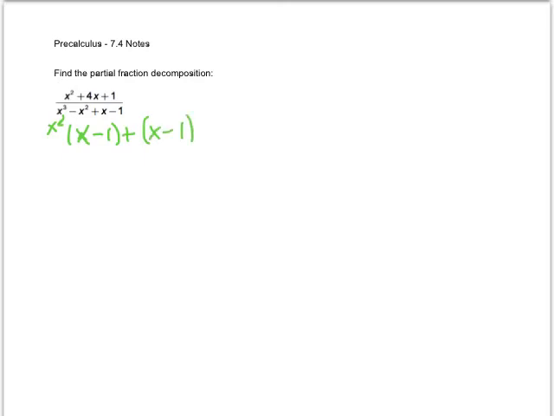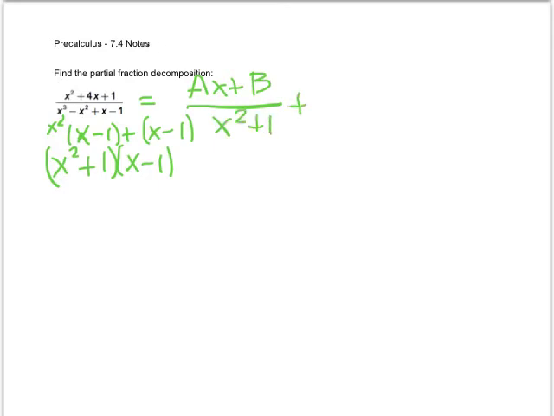And that also factors out. I can factor out, so I'm going to have x squared plus 1 times x minus 1. And so my partial fraction set is going to be ax plus b over x squared plus 1 plus c over x minus 1.